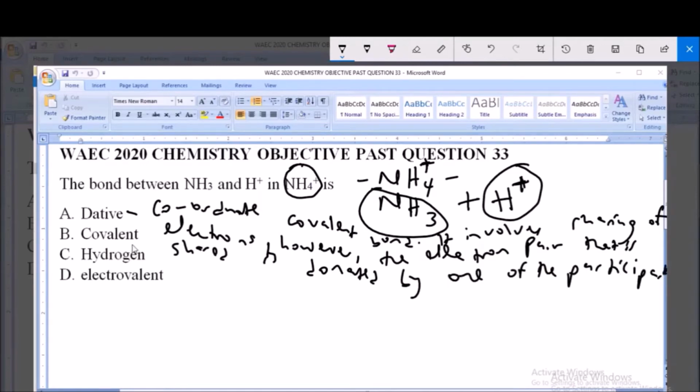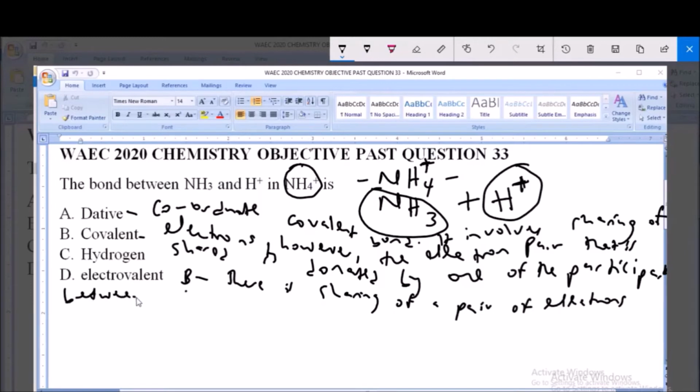Now option B, the covalent bond, is a bond in which there is sharing of a pair of electrons between the two reacting atoms or molecules, as the case may be.